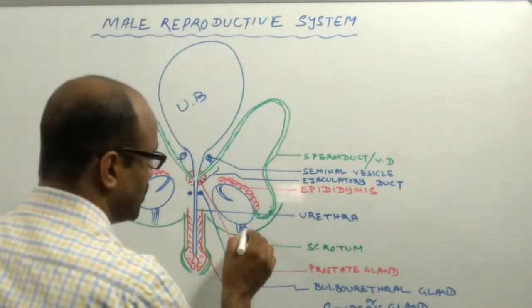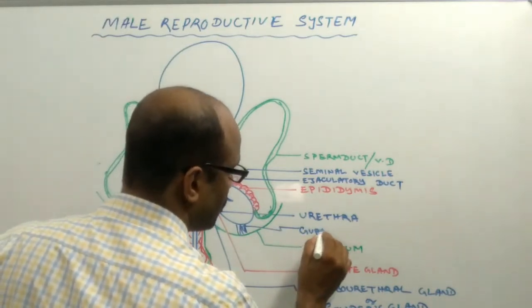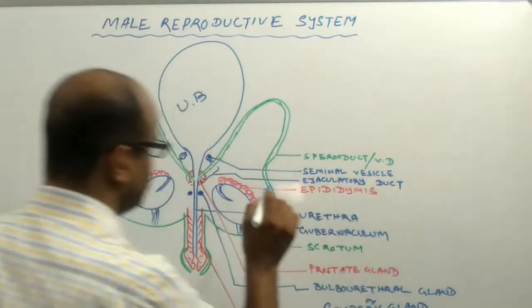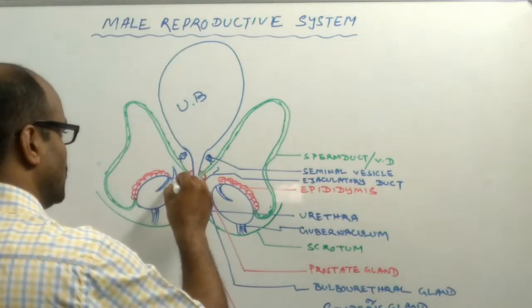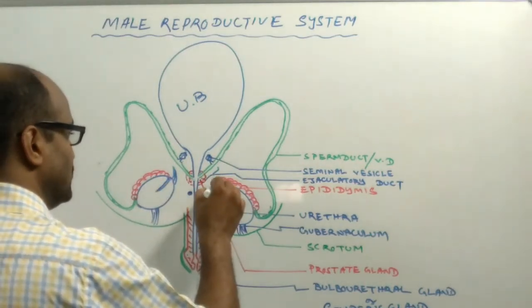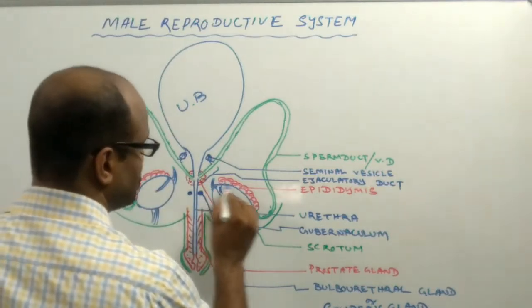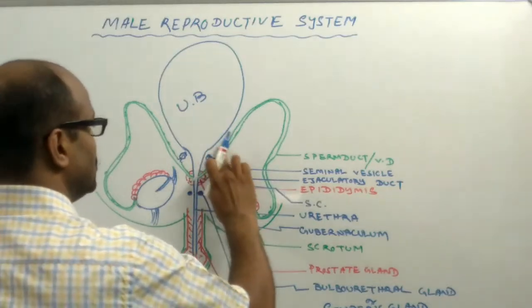You find another additional structure here. This is known as the gubernaculum, and another structure which positions the testes is known as the spermatic cord. So this may be the spermatic cord.